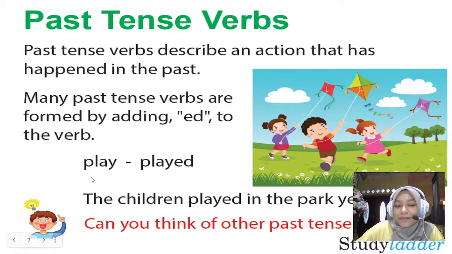Play, present tense, what happens right now, doesn't have ed behind the y. But if it is in past tense, it will become played. For example, the children played in the park yesterday. It happened yesterday, it happened before. So if we want to talk about the past, make sure you put ed after the verb that you use.